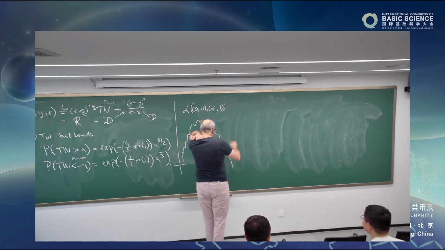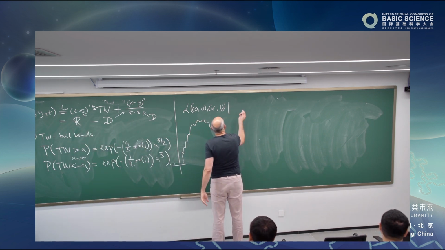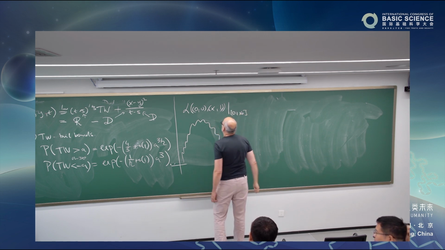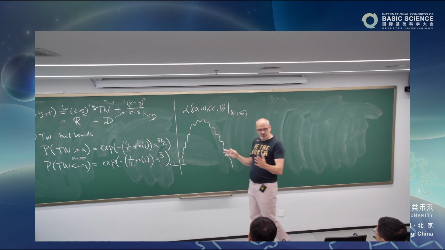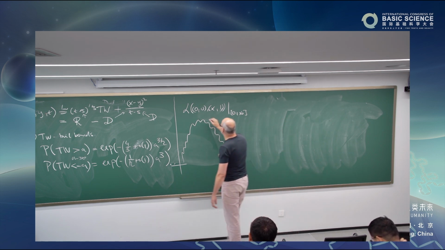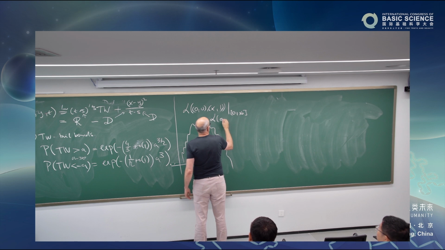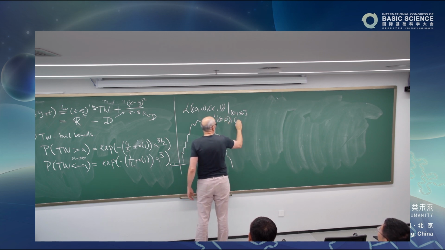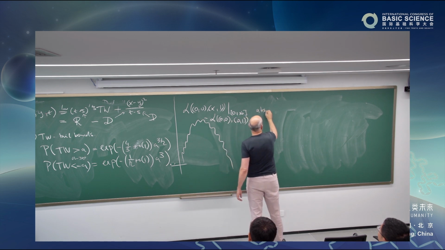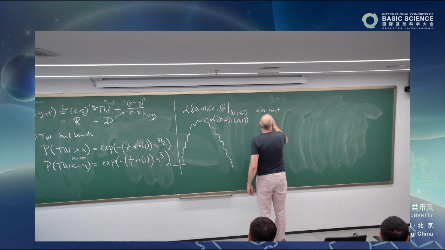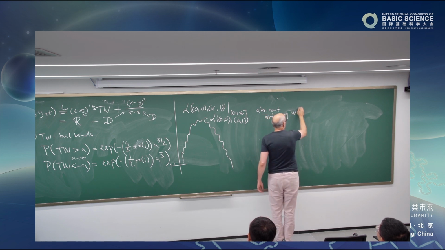But if you restrict it to some compact interval, say [0, x0], so this is now a random function on a compact interval, and subtract from it the value at (0, 0, 0, 1), then this is absolutely continuous with respect to Brownian motion with bounded Radon-Nikodym derivative.